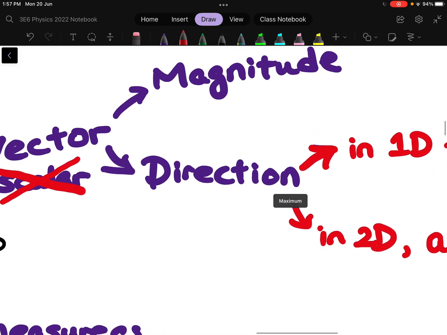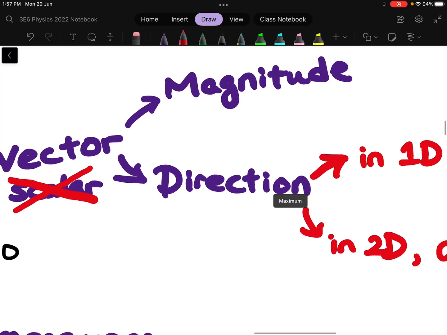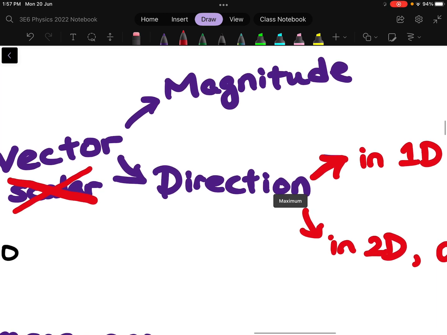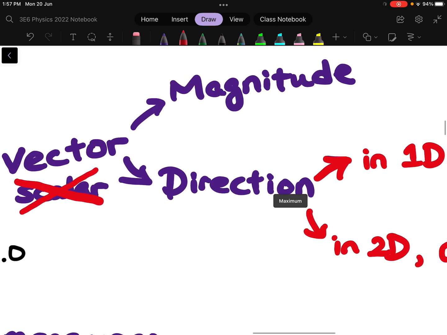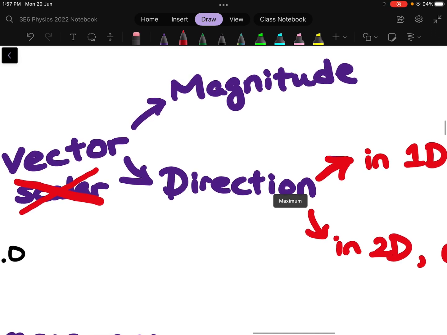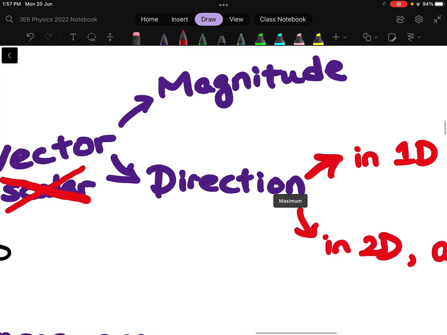For direction, some of you are telling me that you are still not very sure what it means by the directional component of a quantity. So for now in secondary school, you have not been introduced to the polar coordinate or the vector coordinate. It is a little bit challenging for me to illustrate to you, but I will give you some examples.